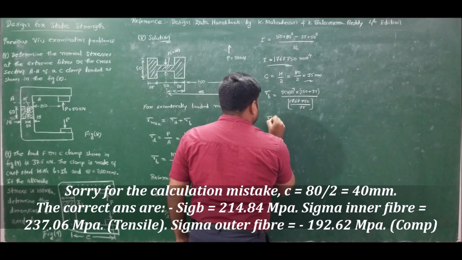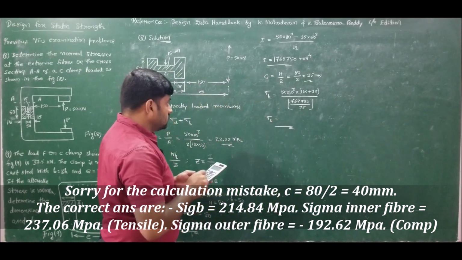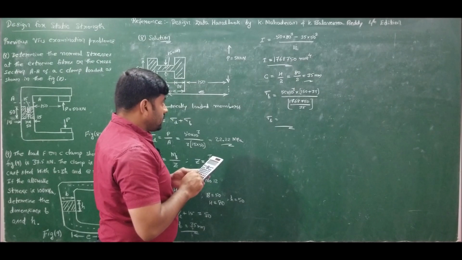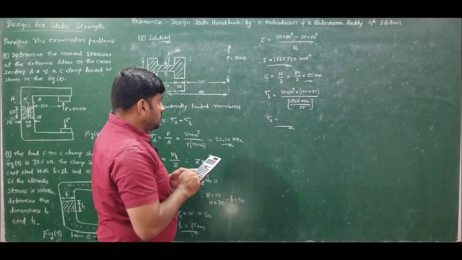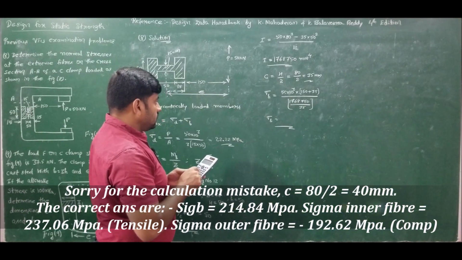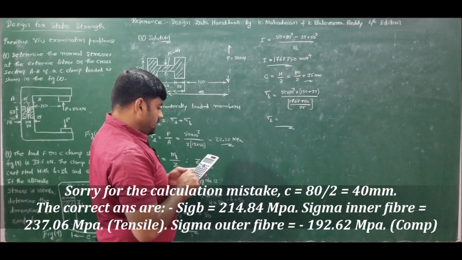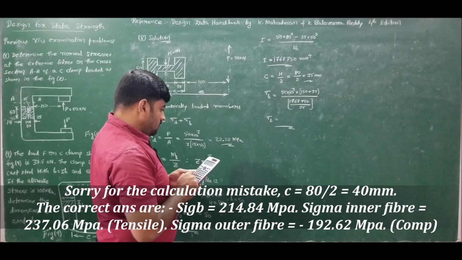So hence bending stress will be equal to 50 into 10 to the power of 3 into 150 plus 35. This is again multiplied by 35, that is h by 2.